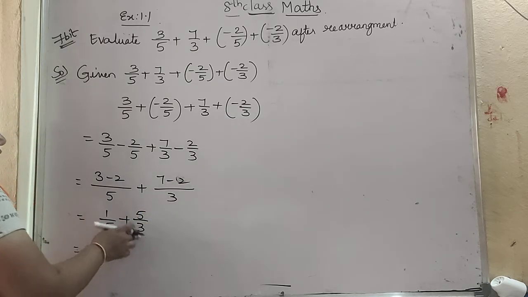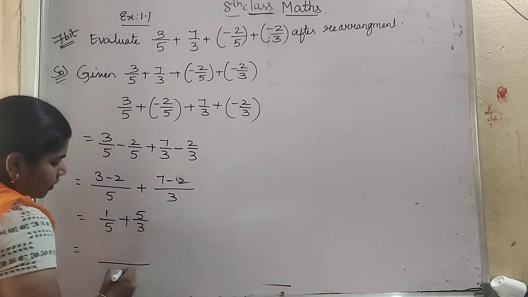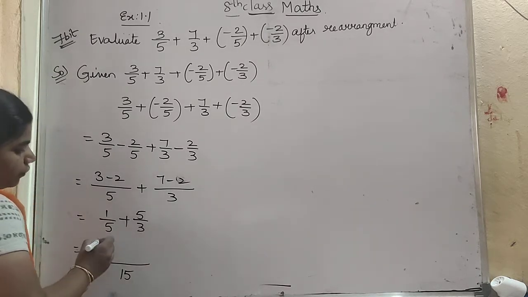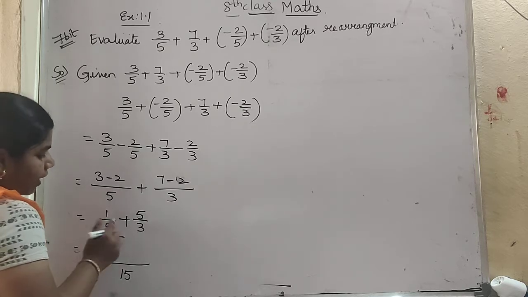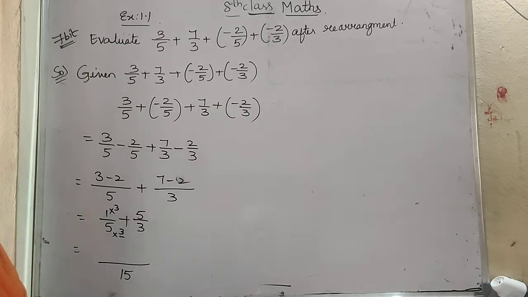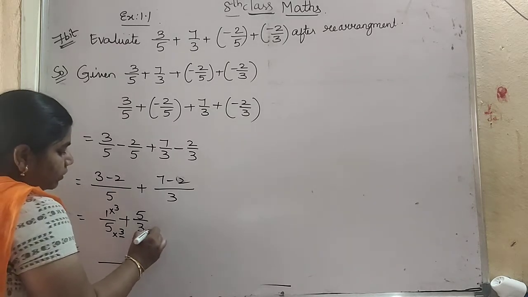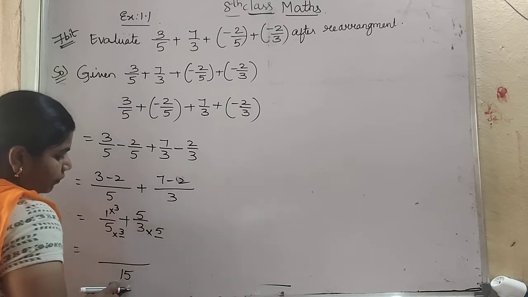Now these two, the LCM we have to take. 5 and 3 LCM will be how much? 5 3s will be 15. So for 5, how much will you multiply to get 15? That is 3, since 5 into 3 is 15. So the same 3 I am multiplying in the numerator also. For 3, how much will you multiply to get 15? 3 5 times is 15.